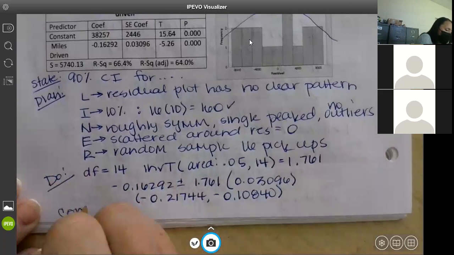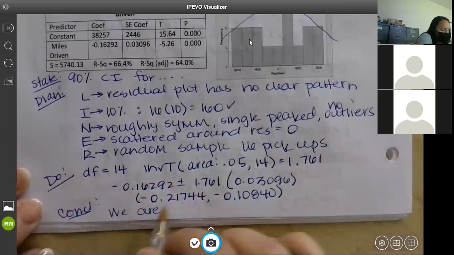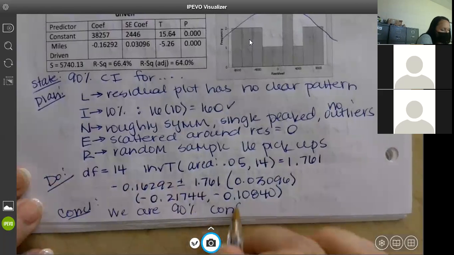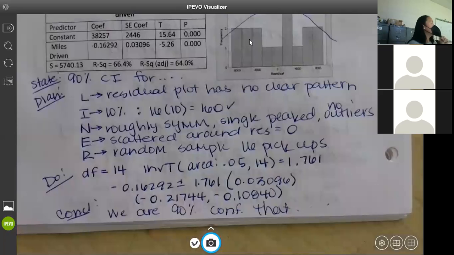And then I've already given you the long conclude. We are 90% confident that the interval captures the true slope of the population regression line relating miles driven to price.